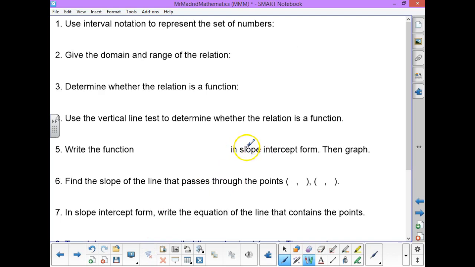Number 3, determine whether the relation is a function. What you're going to have to do here, let's say, here's the kind of data that you'll get.